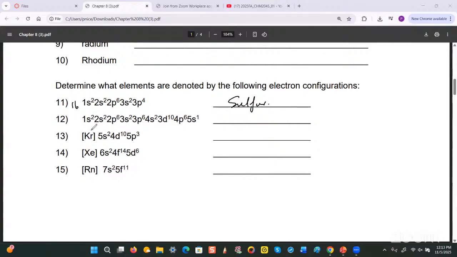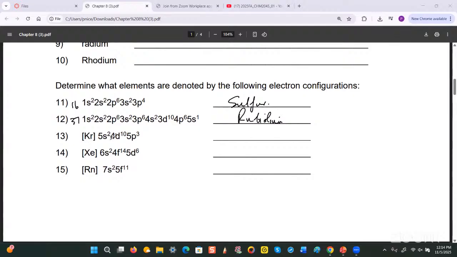Then in the case of the next one, it's 2 plus 2, 4, 10, 12, 18, 20, 30, 36, 37. Which element matches up with 37? Rubidium? I think that's right. I don't have the periodic table in front of me, but I think you're right. It's Rb.